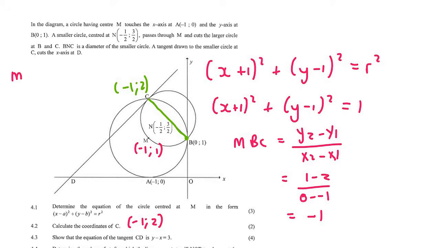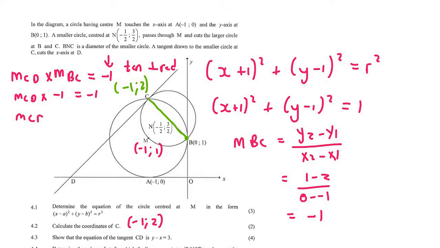So we can say that the gradient of CD multiplied by the gradient of BC should always equal minus 1. It's a mathematical property. It must always equal minus 1. Remember that for 90 degree lines. And the reason for this is that we have a tangent perpendicular to a radius. Now the gradient of BC is minus 1, so it's going to be times by minus 1 equals to minus 1. And what we're going to find is that the gradient of CD is equal to 1.